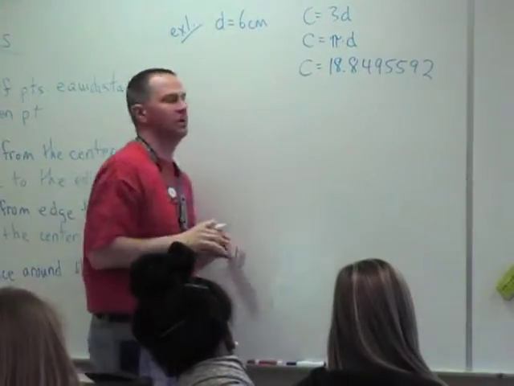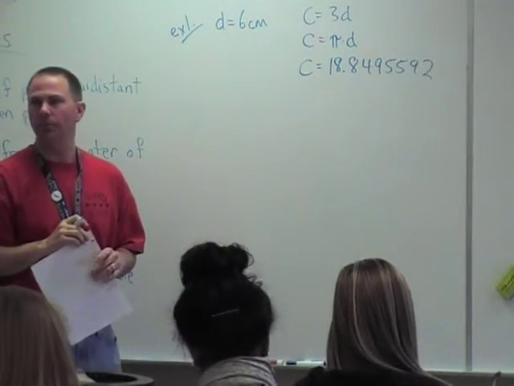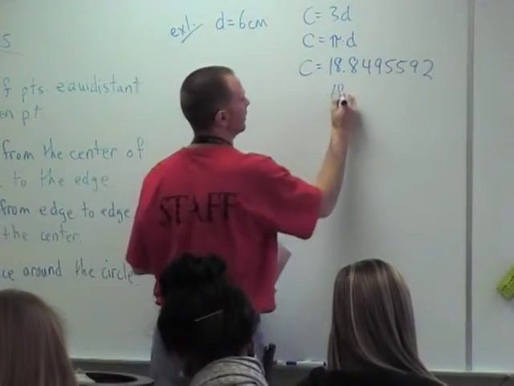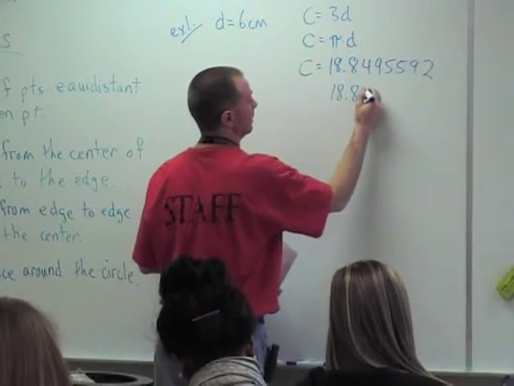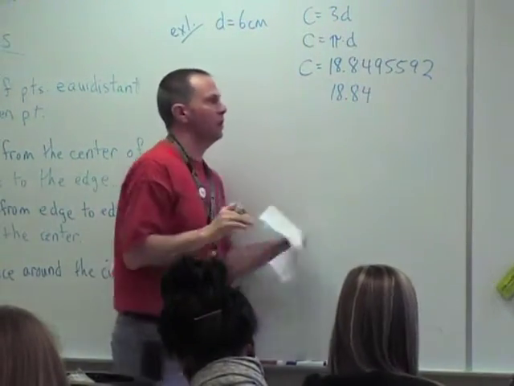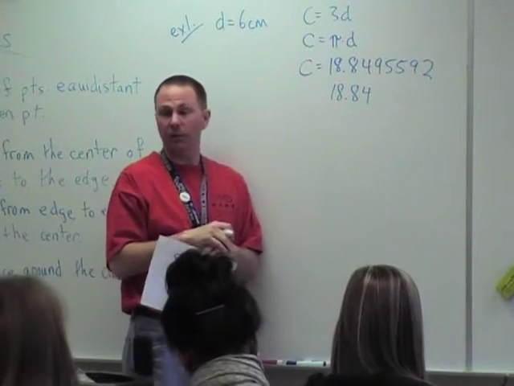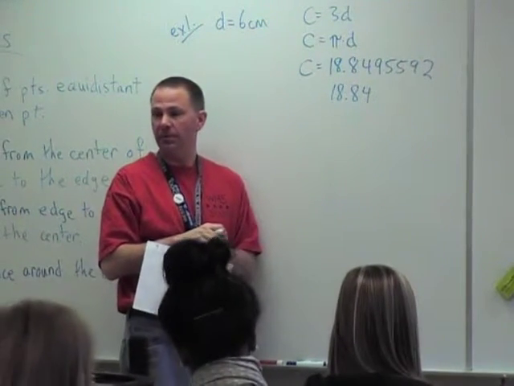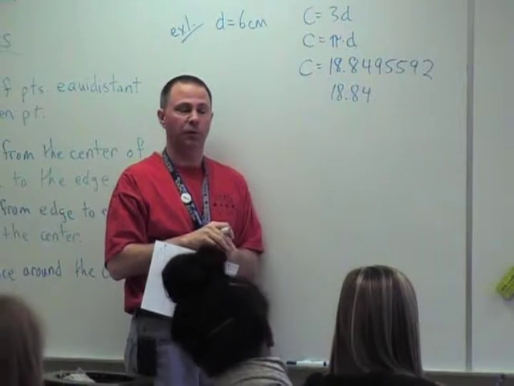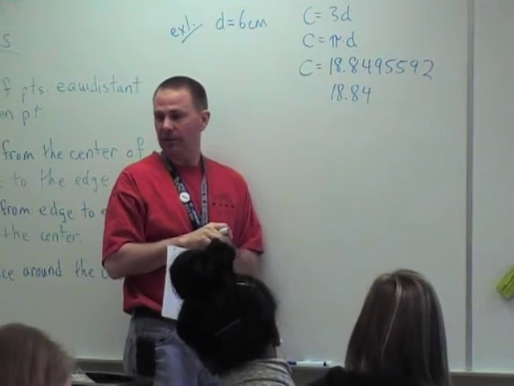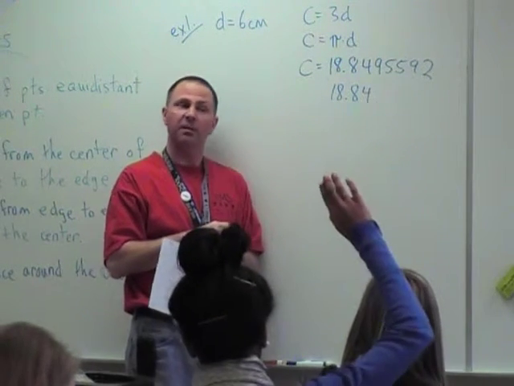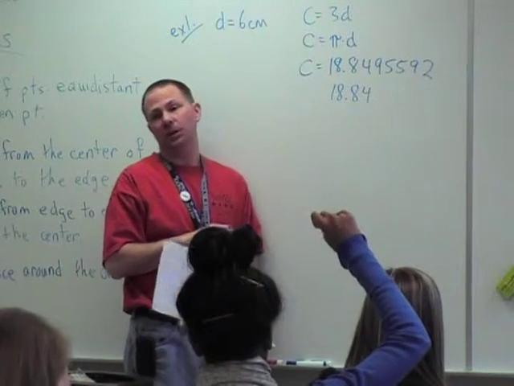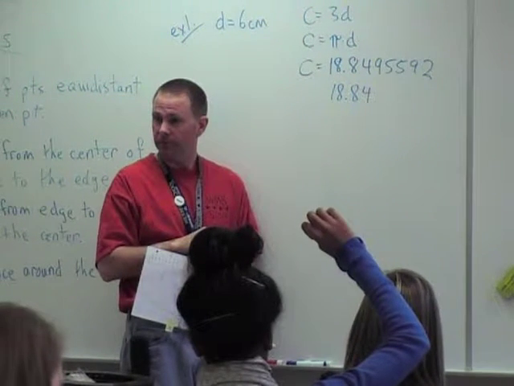Quentin, did you use just 3.14? Yeah. What'd you get? 18.84. Okay, so notice that they're very close together. I would rather you use the actual pi button, but it's okay just to use 3.14. That just means everybody's going to be a little off. So to keep everybody the same, please just use 3.14.